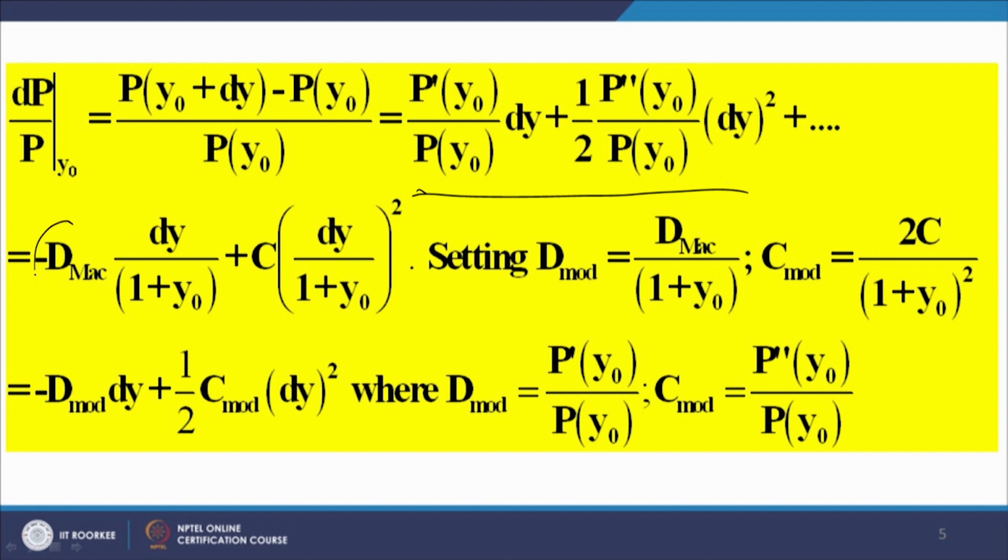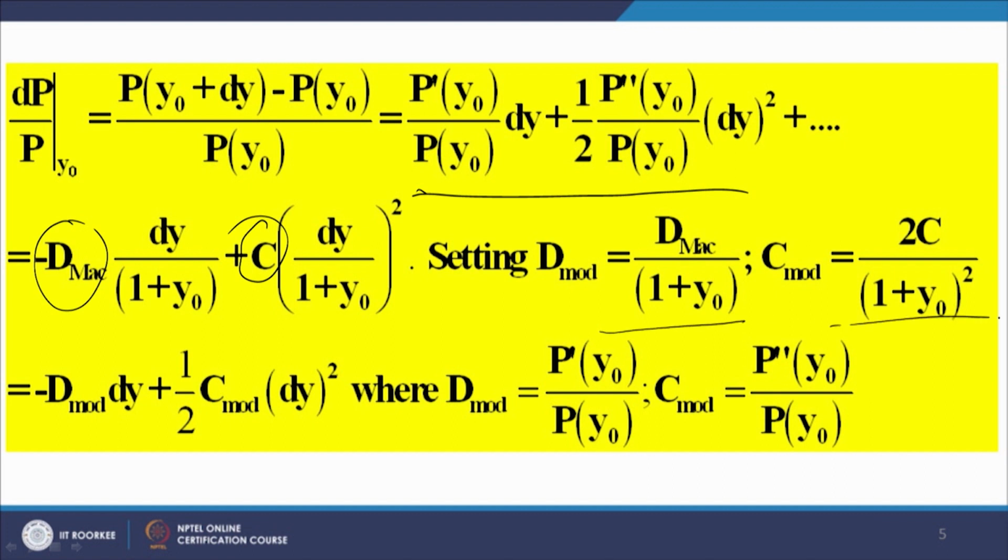So, D refers to the first derivative of the price with respect to y0 or with respect to y, and the C, that is the convexity, refers to the second derivative of the price with respect to y. Now, the definitions of duration are given by these expressions.